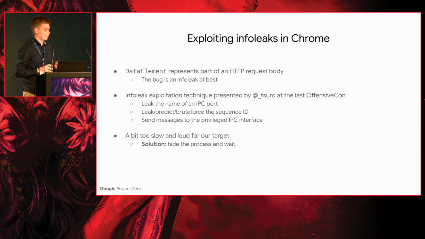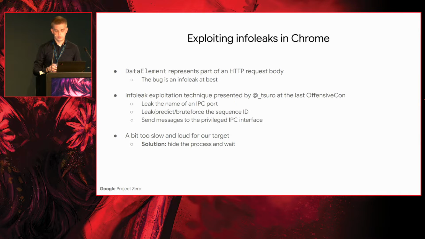This has some advantages, because if our sloppy exploit crashes the process, it will get restarted automatically without notifying the user. But there are not too many privileged interfaces in that process, and most of them are created early in the process startup.